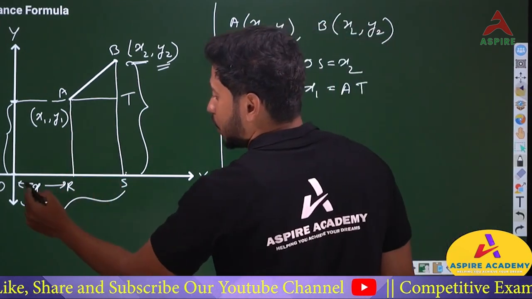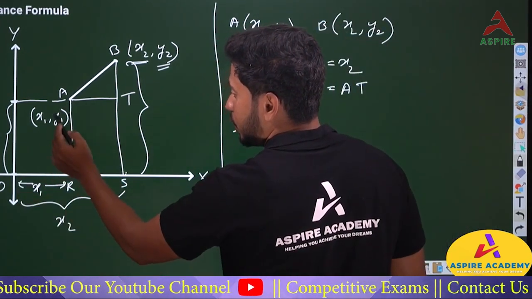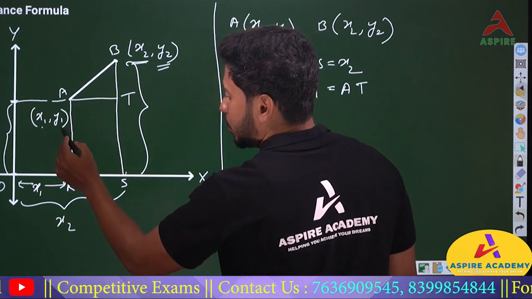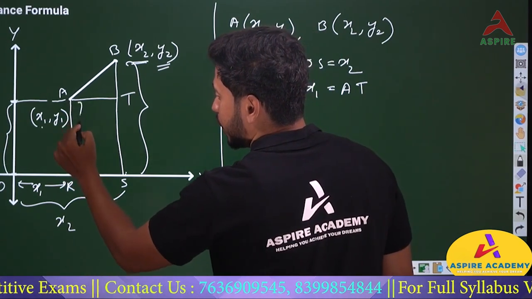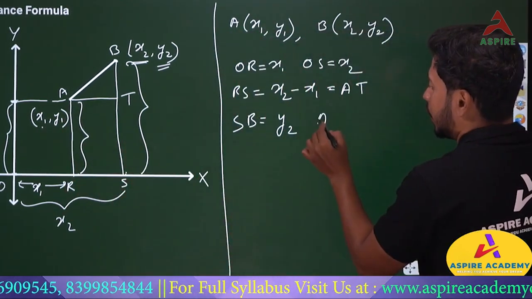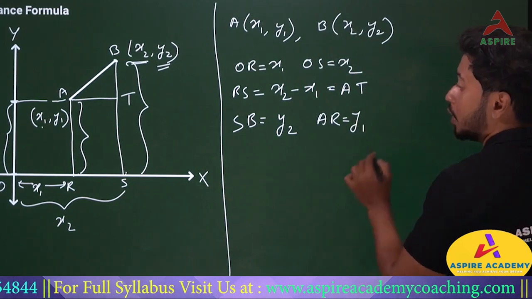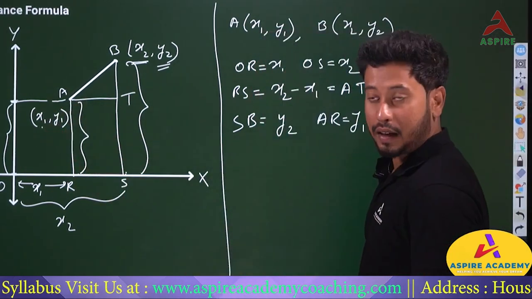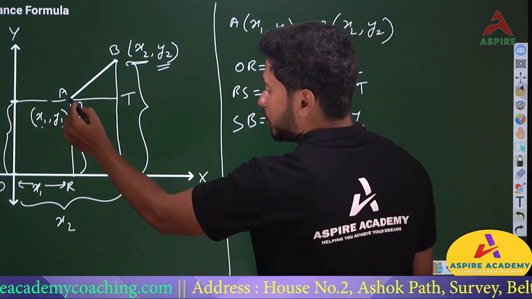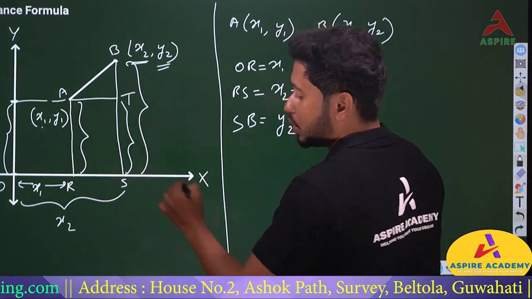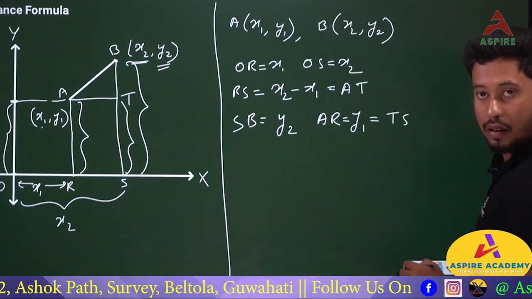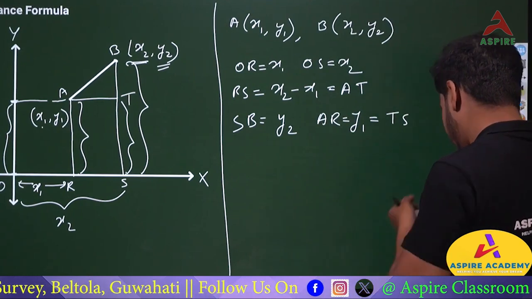OR equal to x1, that's why the x coordinate of A is x1, and the y coordinate is y1. So AR equal to y1, and the length of AR is equal to the length of TS. So TS is also equal to y1.